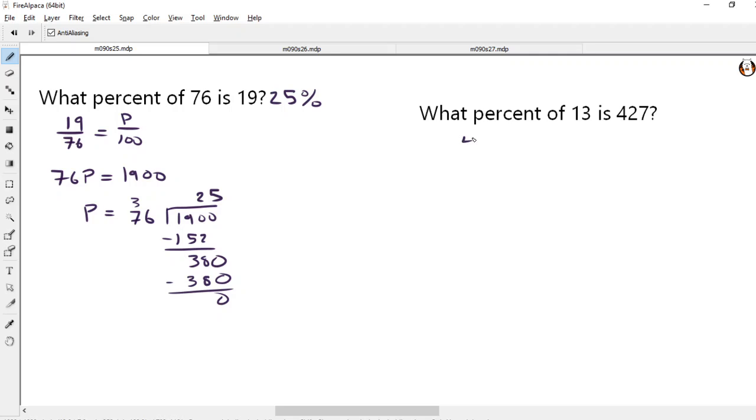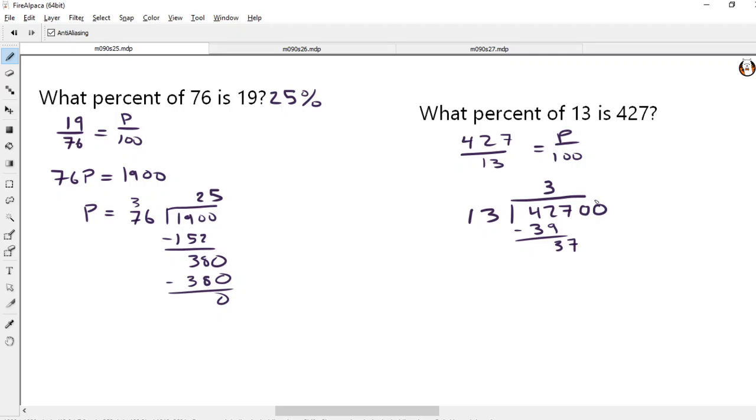What percent of 13 is 427? In this case, we're going to take 427 over 13 is my percent over 100. And if I just divide 13 into 427 without multiplying it by 100, then I'm going to find the percent as a decimal.